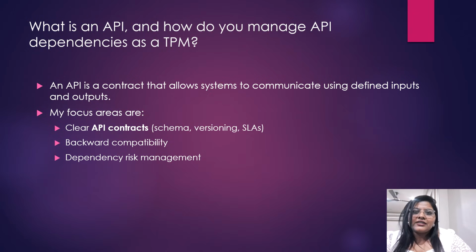We define latency and availability SLAs, and in one case, an unannounced API change broke the entire downstream system in production, and that was a P1. So we quickly reverted those changes, and then it was made sure that there are no breaking changes happening with future releases.